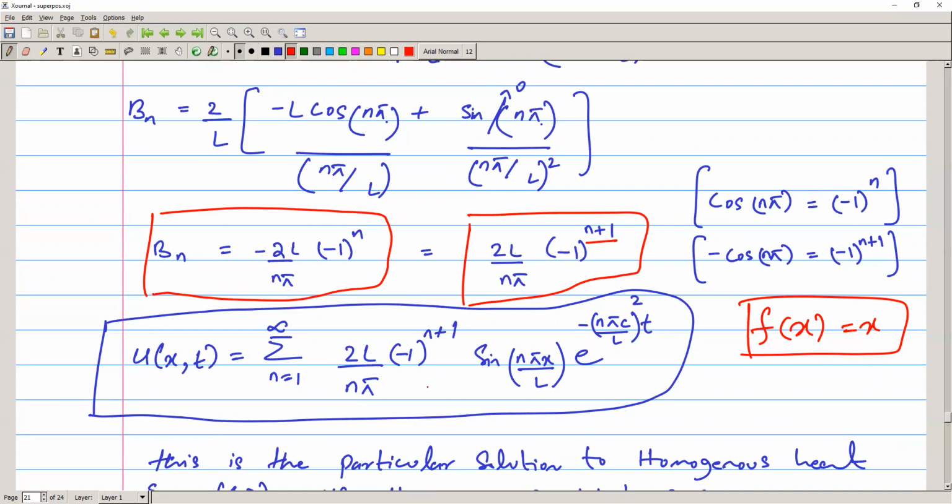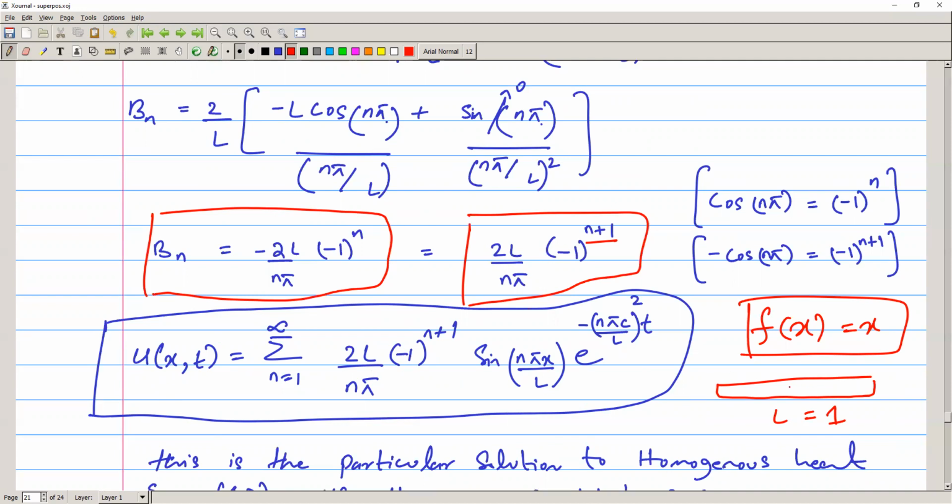So this is the solution of the heat equation. So we can find the temperature at any point in the rod. This is the rod, from, let's say, if L is equal to 1, we can place 1 instead of L here, right?